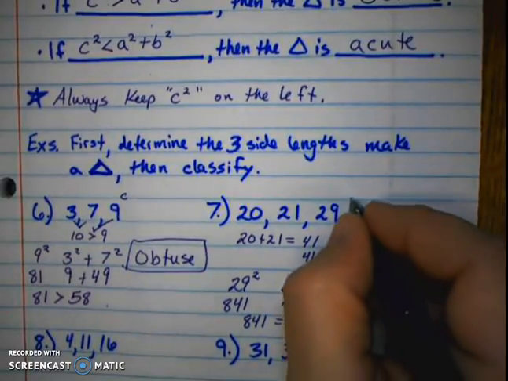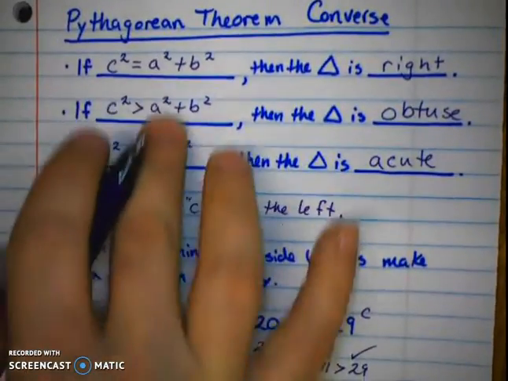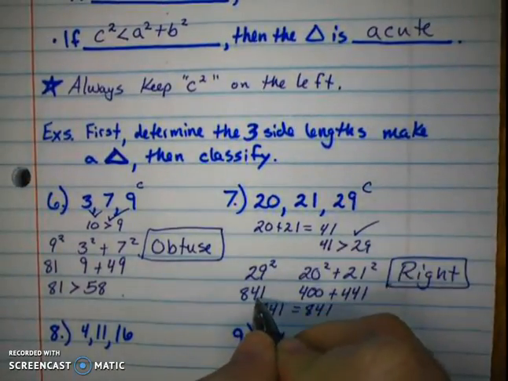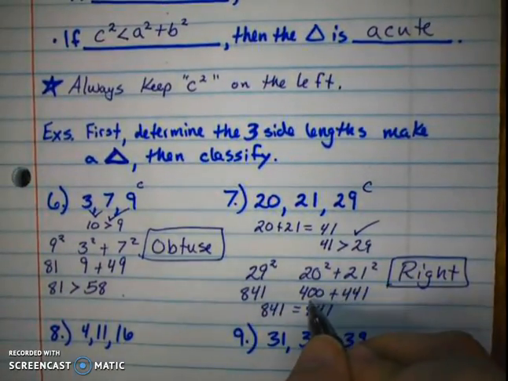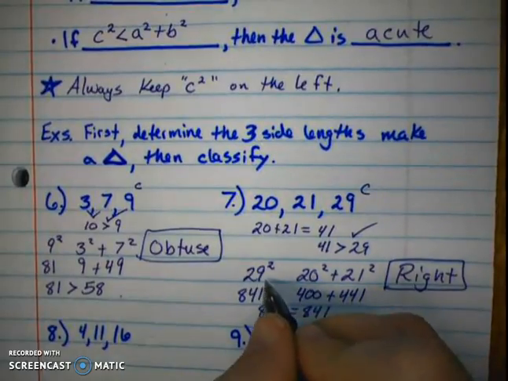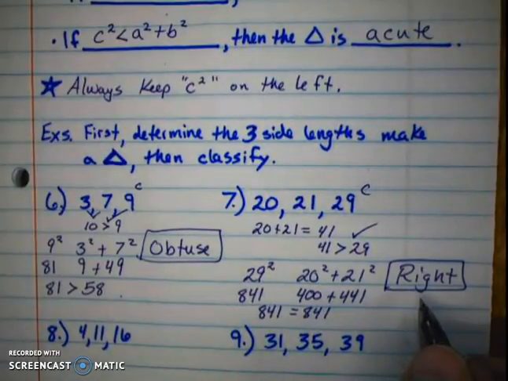And then since 29 is the longest side, it gets plugged in for C squared into our formulas up here. 29 squared is 841. The other two squared, 400 and 441, add up to 841 also. Since C squared equals A squared plus B squared, it is a right triangle.